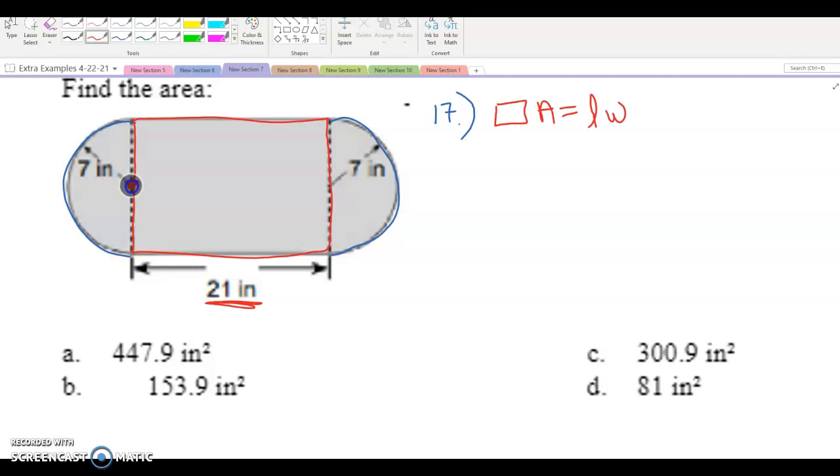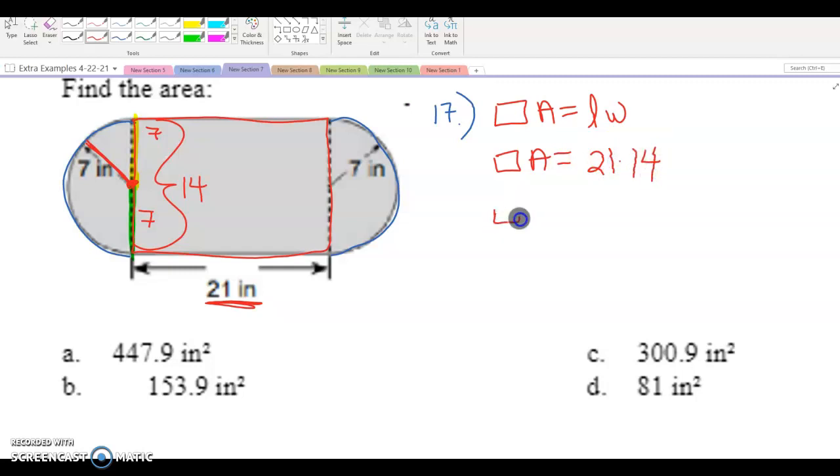Right here to right here is 7, which means from here to here is also what? 7. Which means from here to here is also 7. So what is going to be the width of the rectangle? 14. Very good. So we had to find that whole diameter to be able to find our length and our width. So our length was 21 times our width is 14.